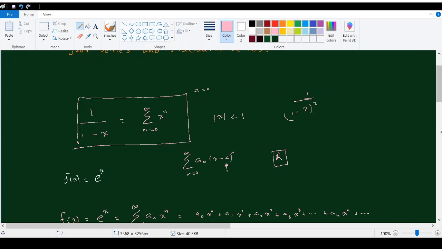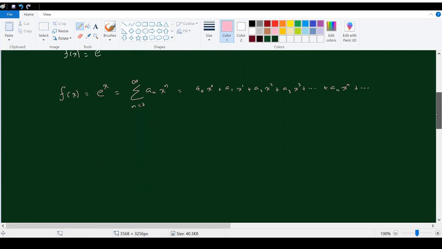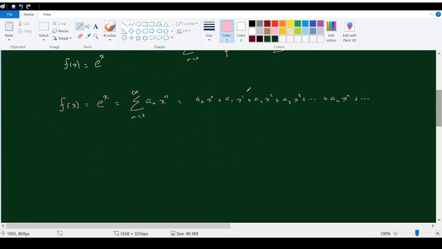But for more general functions, we don't have a starting place, so we have to begin our discussion from scratch.